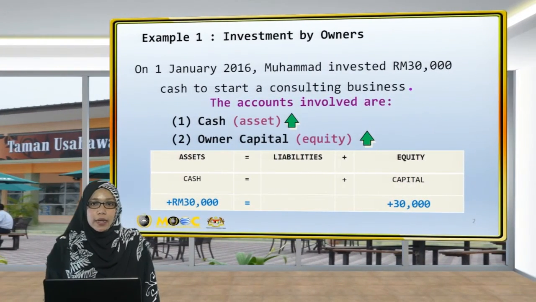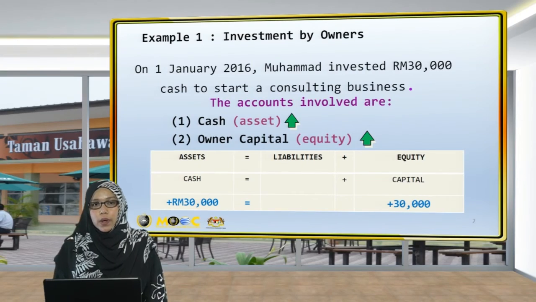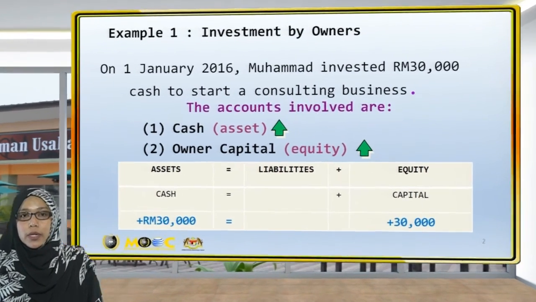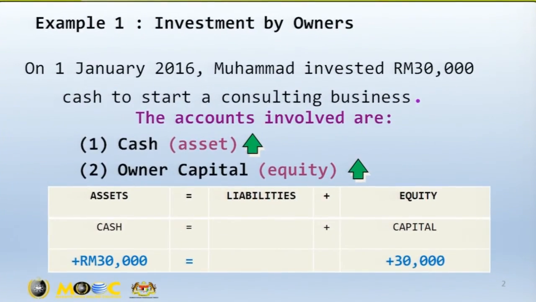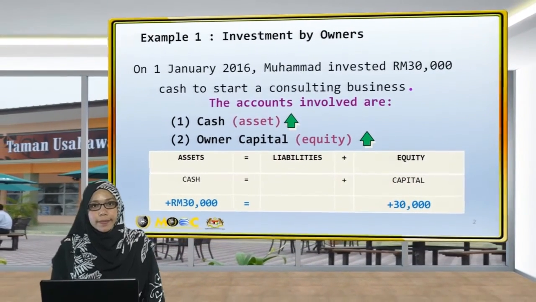We're going to analyze the first transaction where Muhammad, the owner, contributes 30,000 ringgit cash to get his business started. First, we have to identify the assets, liability, or equity accounts involved in this transaction.